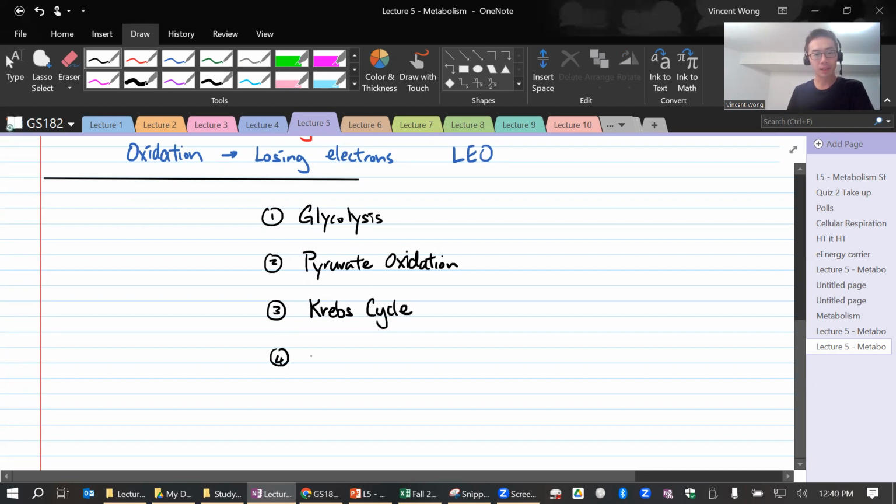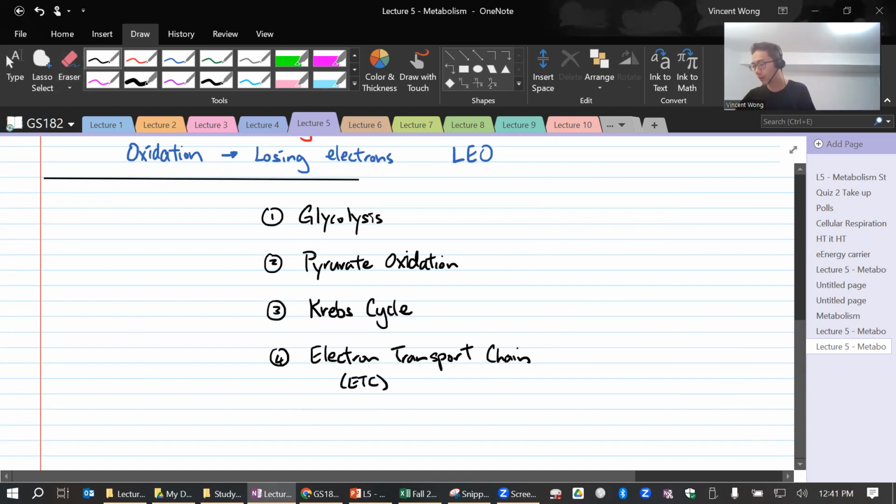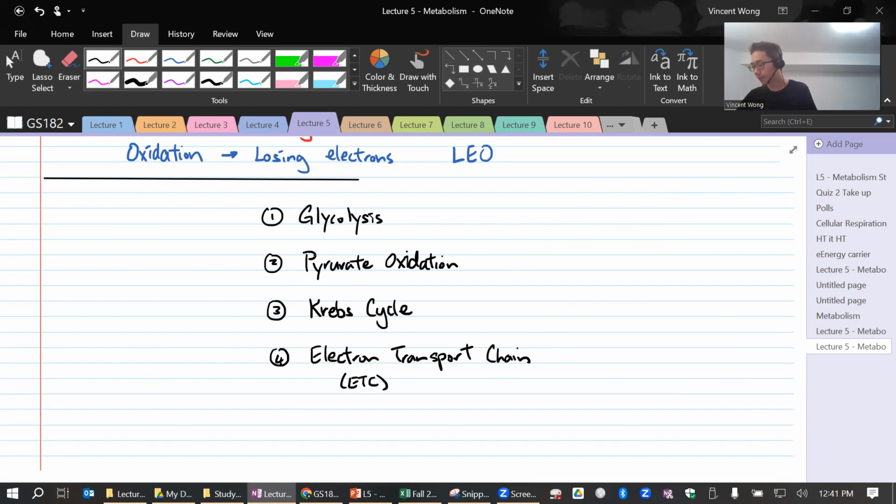And then we have the electron transport chain, the ETC. I'm going to add some stuff here in a bit. But just write them down first, and then I'll tell you where it happens, okay? Let me know if I'm going too fast.